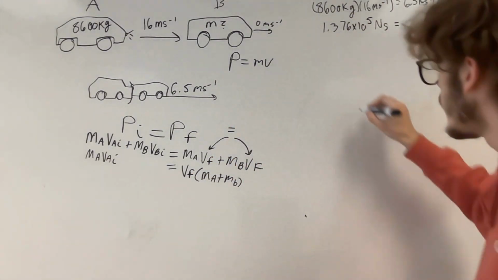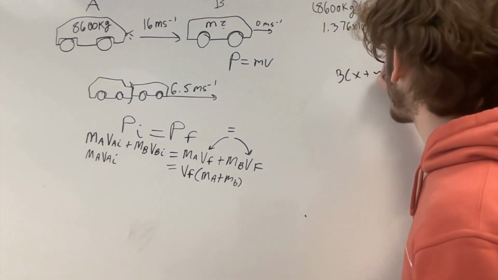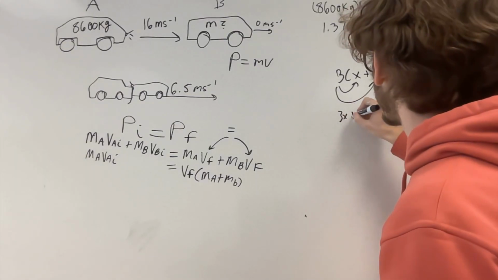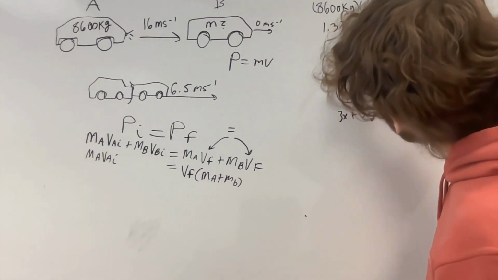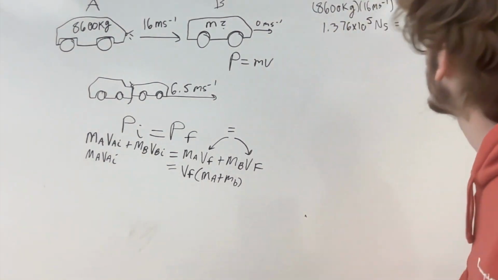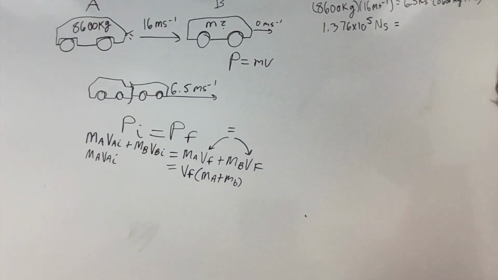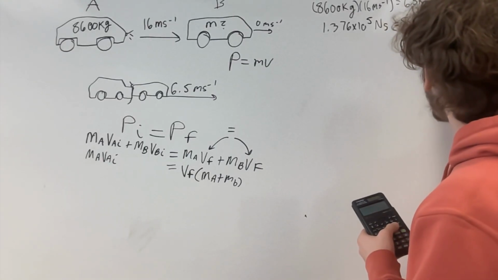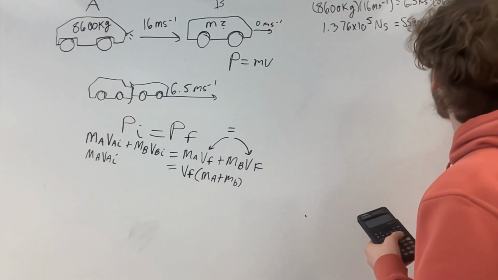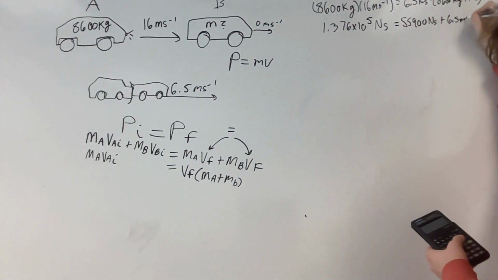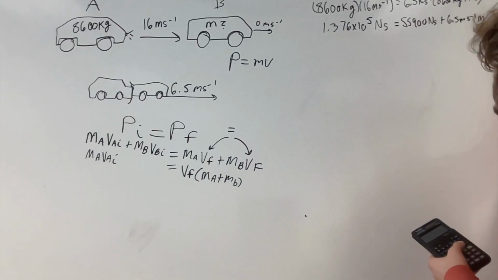Remember from algebra, if you have 3 times x plus y, you get 3x plus 3y. You distribute a term to the other terms there. Makes sense? That's what we're doing with our velocity. So 6.5 times our mass of A gives us 55,900 Newton seconds plus 6.5 meters a second times the mass of B, right?